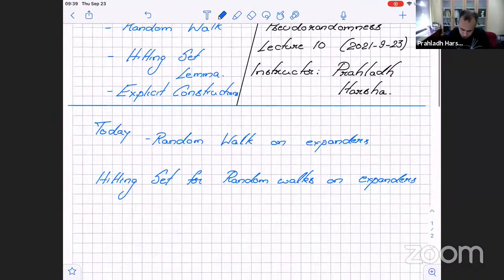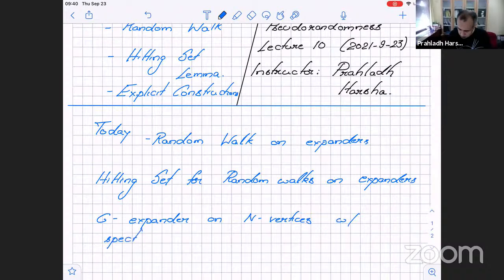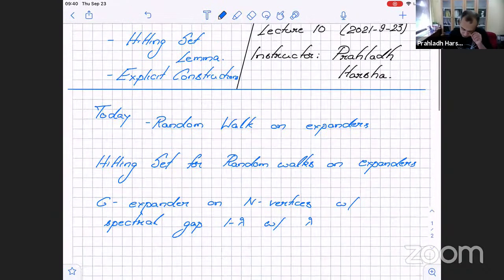So let G be an expander on n vertices with spectral gap 1 minus lambda, with lambda being strictly less than 1.